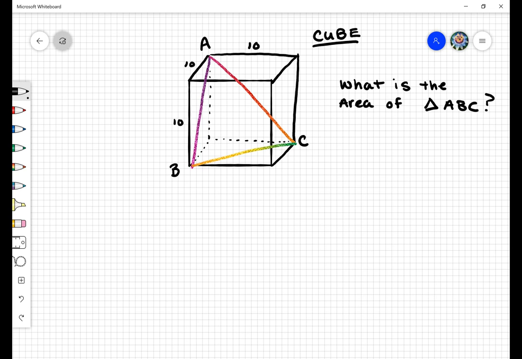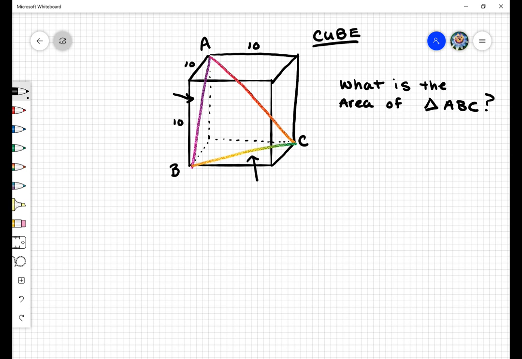So first thing I would do is look for one of the sides that I could find the length of. And I think I could find this one. And I think I could find this one.